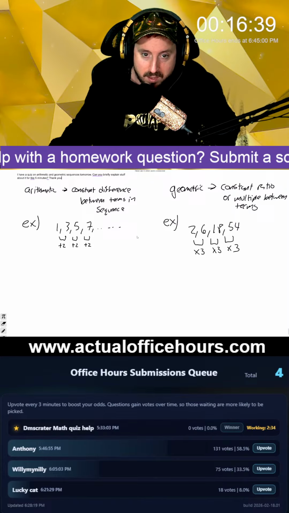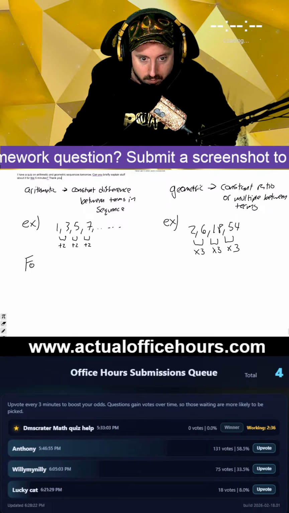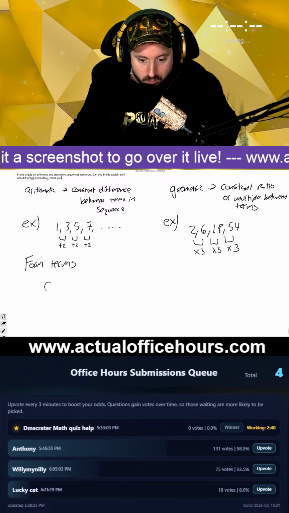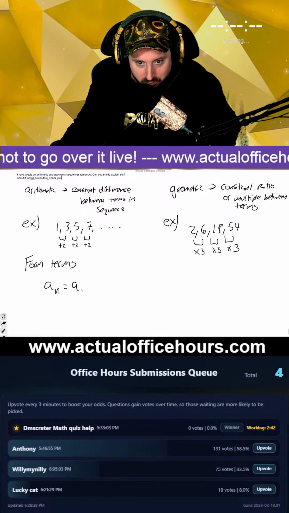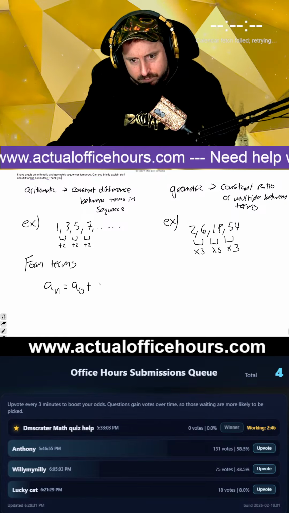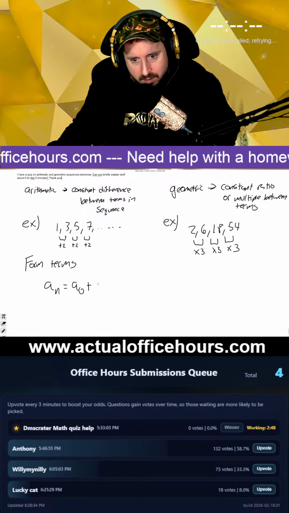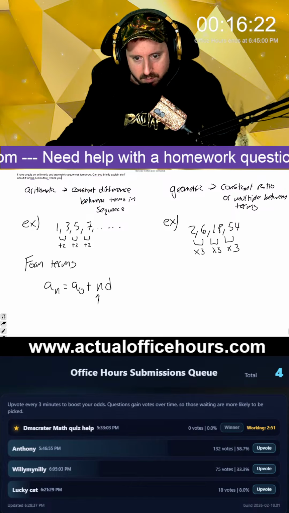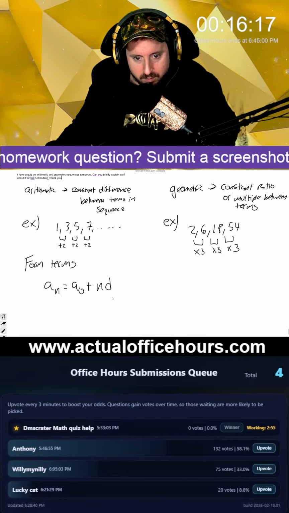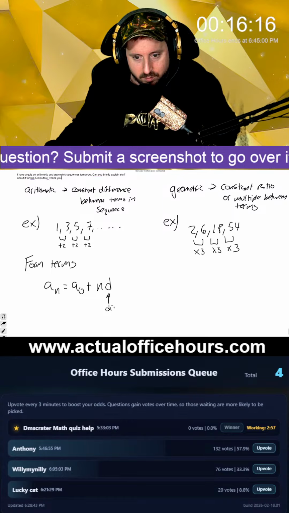That's okay. And then the form for the terms would be a sub n is equal to a0 plus n times d. So that's what term you're looking at, and this is the difference.